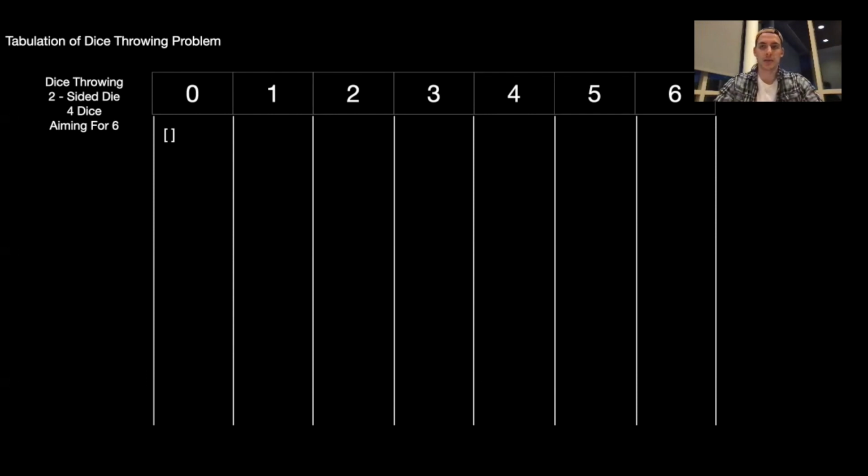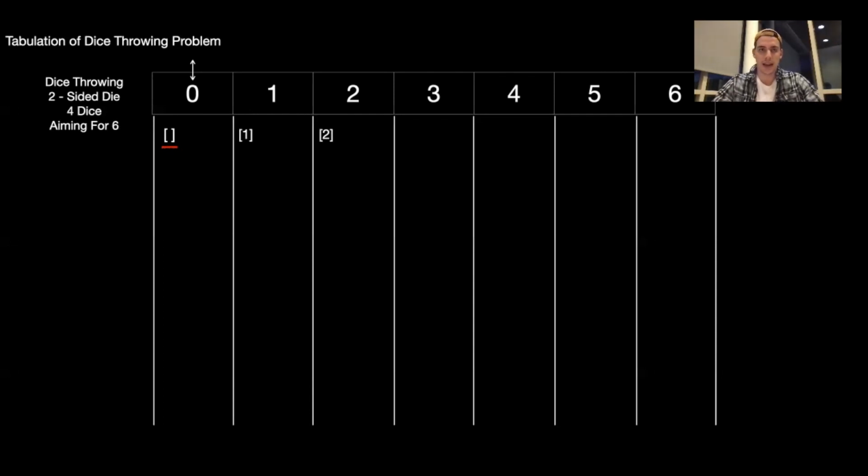From our empty array at position 0, our only possible rolls are 1 and 2. Rolling a 1 would give us a value of 1, so we place the array 1 in position 1 and the array 2 in position 2.